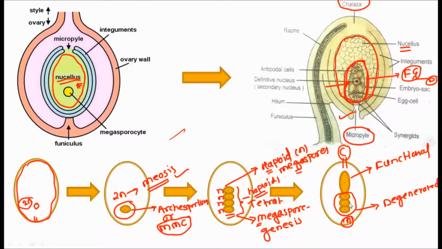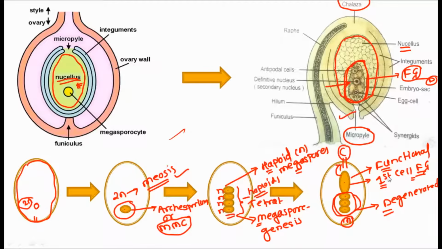That is, out of this tetrad, the 3 cells which are present at the micropylar end degenerate, while only the one towards the chalazal end remains functional. You can consider this as the first cell of the female gametophyte. This fertile cell can be called the first cell of the female gametophyte. After the degeneration of these three cells, only one cell remains functional, and it is called the first cell of the female gametophyte.